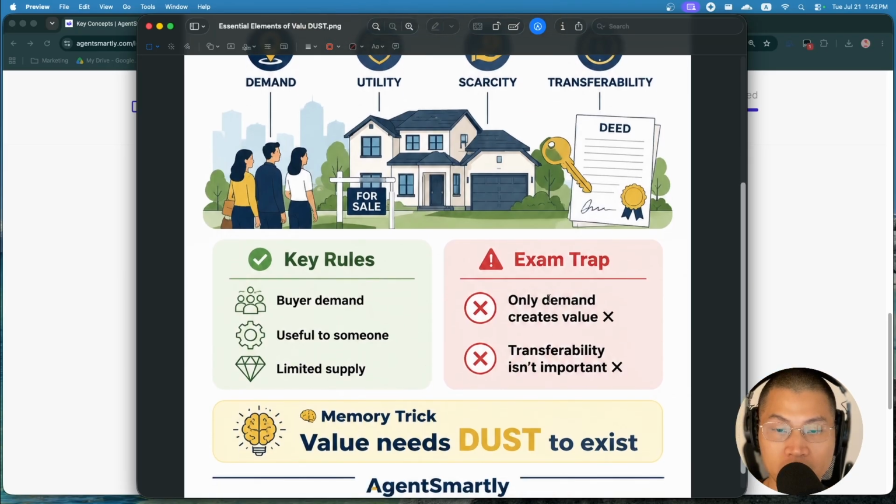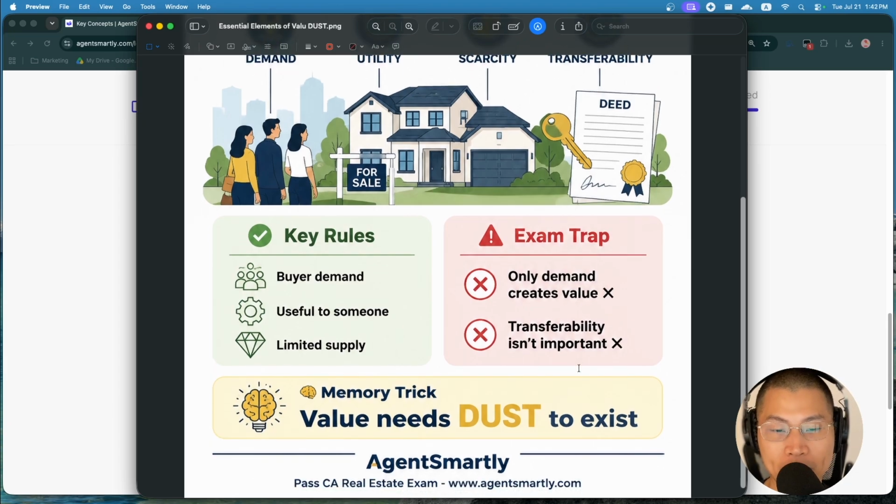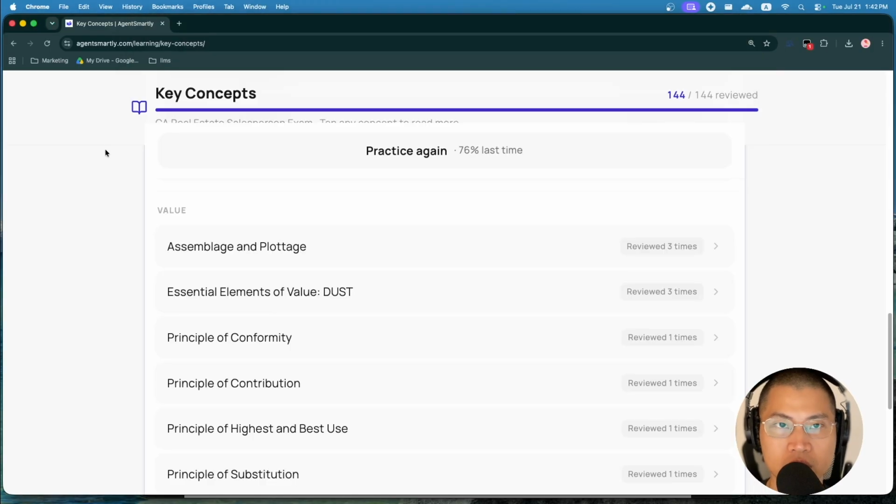And then we'll say that demand alone does not create value; transferability is not unimportant, it is very important, right? For the memory trick, value needs DUST to exist, right? So again, when you think about DUST, picture the house covered in dust, like we said earlier in the memory trick. So once again, hope you understand this DUST.